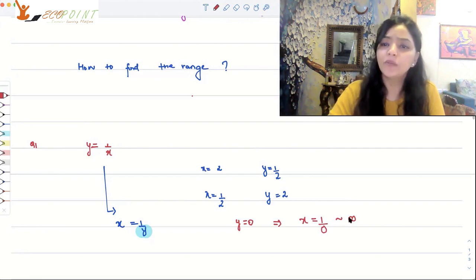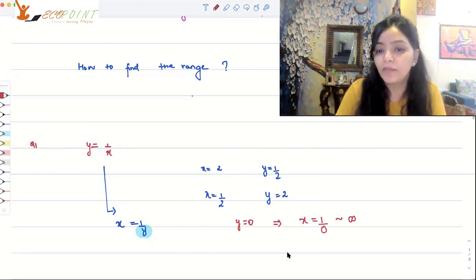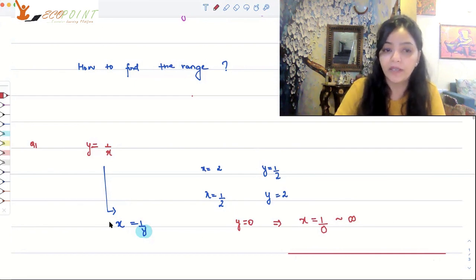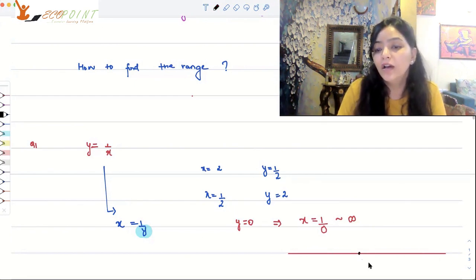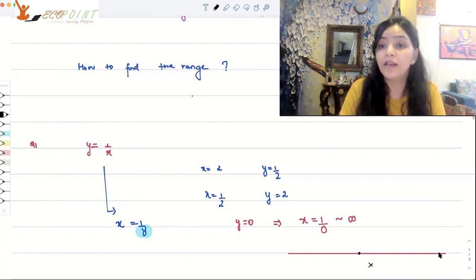But can x be equal to infinity? x is approaching infinity. Always remember these two terms in mathematics, in discrete mathematics and higher level of mathematics. It's very important for you to understand where your number is reaching and where it is approaching, where it is equal to and where it is approaching.